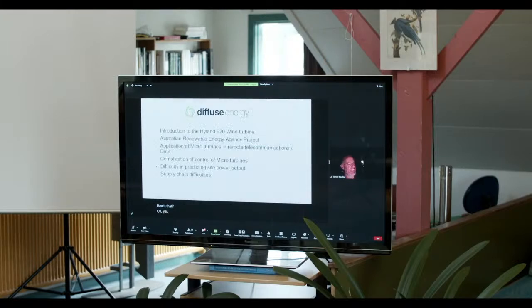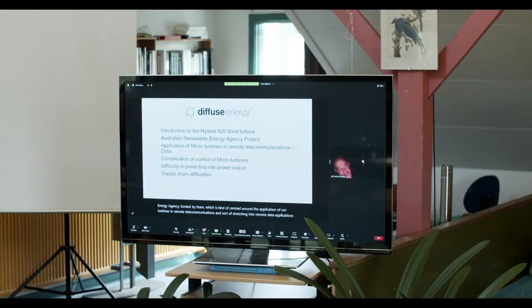So today, I'll give you a bit of introduction to our small wind turbine. Over the past couple of years, we've been running a project with the Australian Renewable Energy Agency, funded by them, which is centered around the application of our turbines in remote telecommunications and stretching into remote data applications, predominantly on farm.